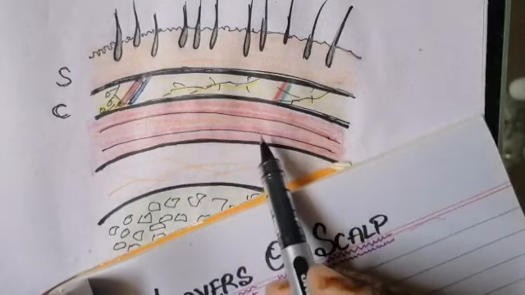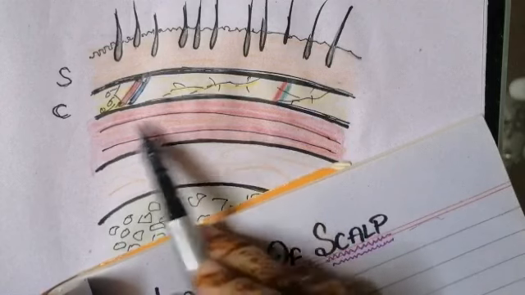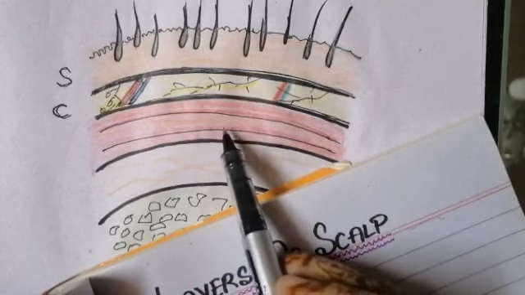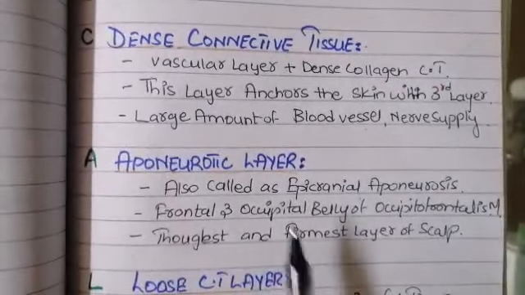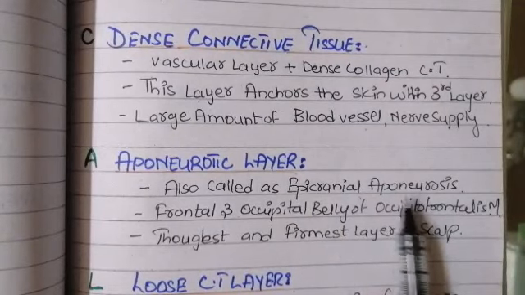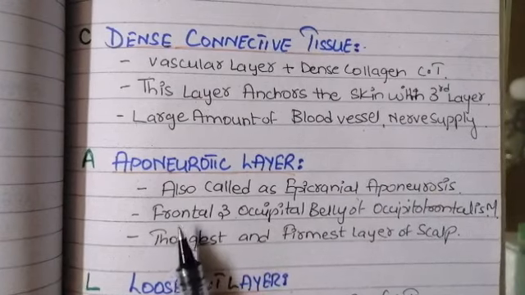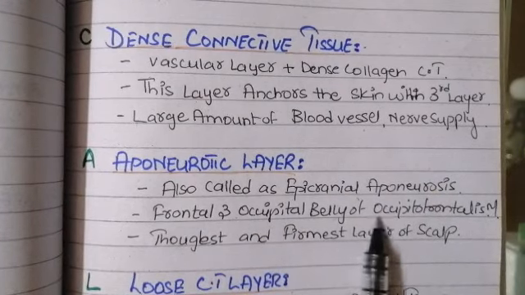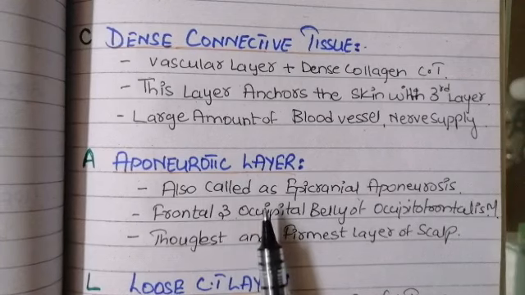Now coming to the third layer of the scalp, this is our toughest layer, and it is formed from the aponeurosis. The aponeurotic layer, that is the third layer, is also called the epicranial aponeurosis, also called the galea aponeurotica. The frontal and the occipital belly of the occipitofrontalis muscle can be seen in the third layer of the scalp.